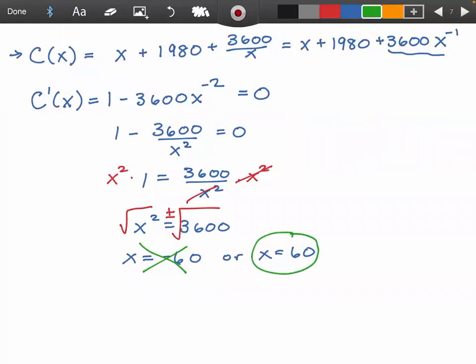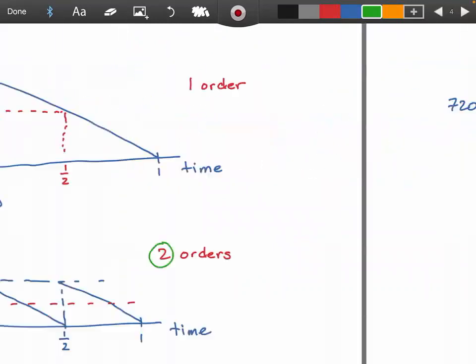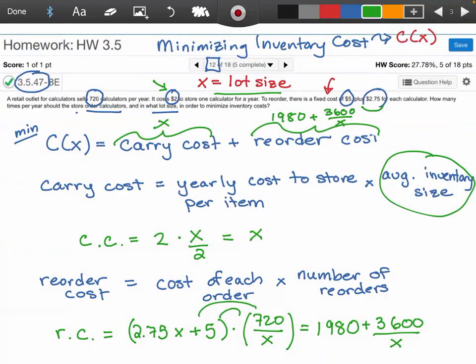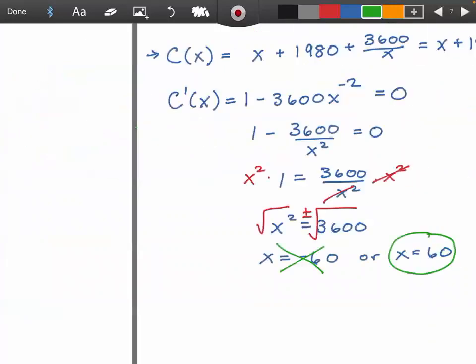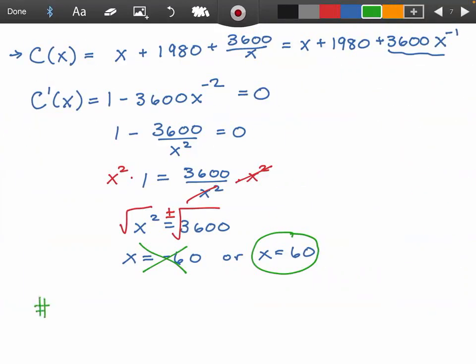And the second part of the question asked us for the lot size and the number of times per year that we're going to order. So our lot size is 60, and we figured out the number of times per year that we should order, or number of orders per year. Let's just phrase it that way.